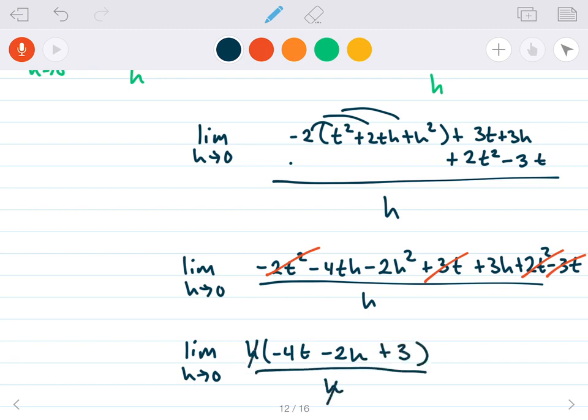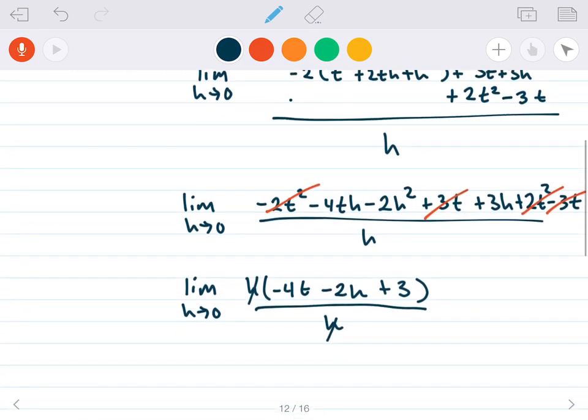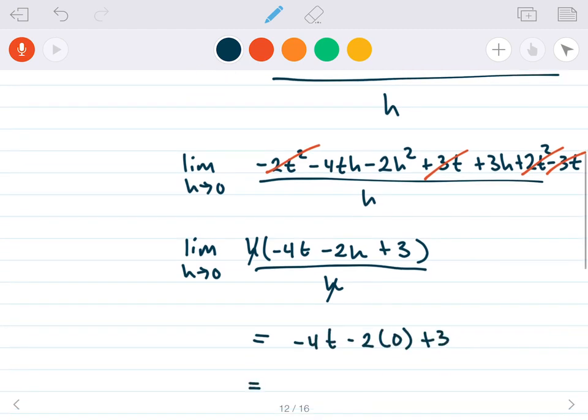All right, and my last step is to plug in 0 for h. Okay, so here's my answer.